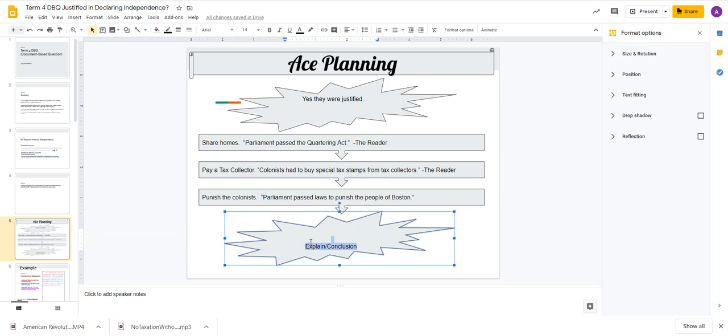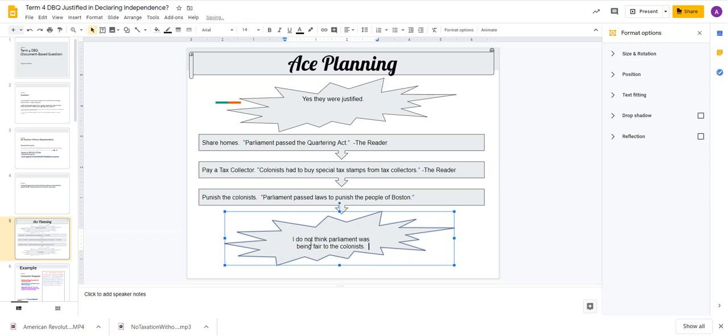Well, I believe it because I do not think Parliament was being fair to the colonists.